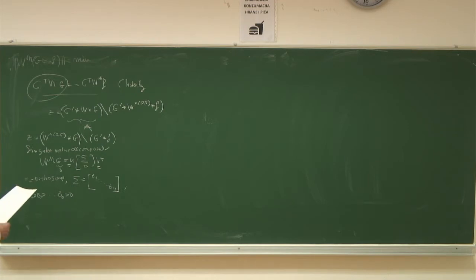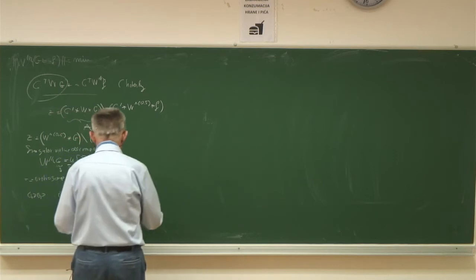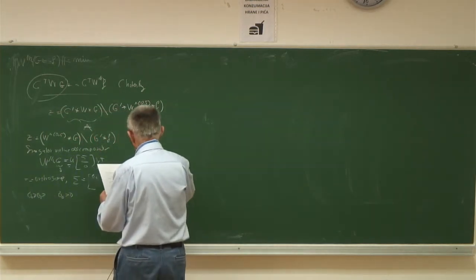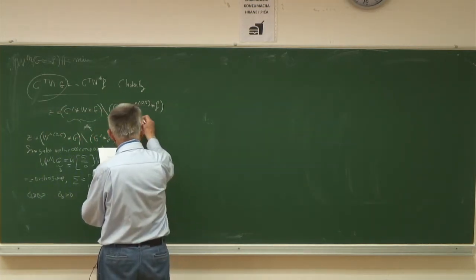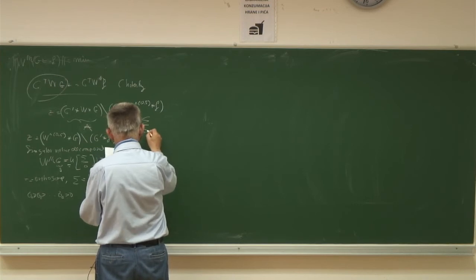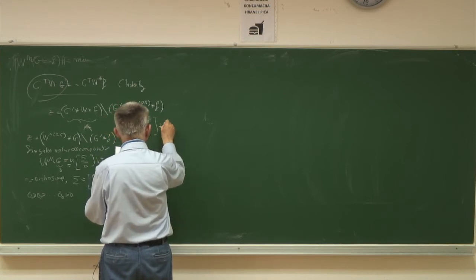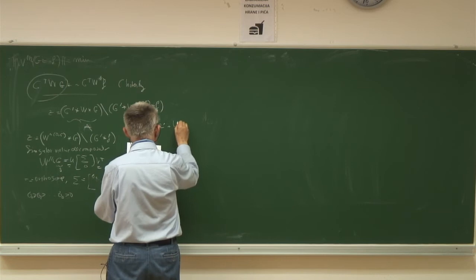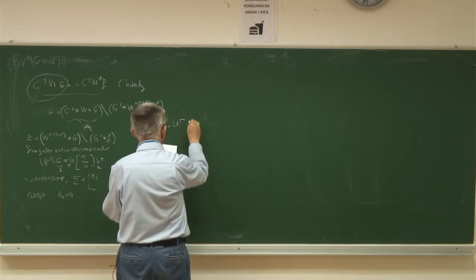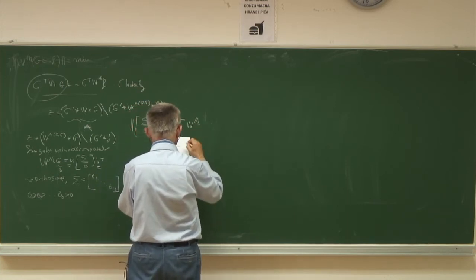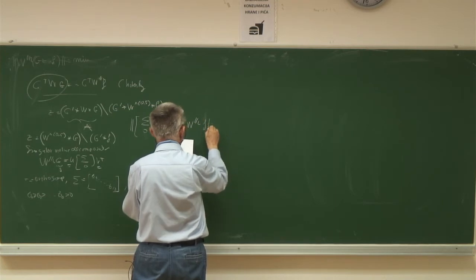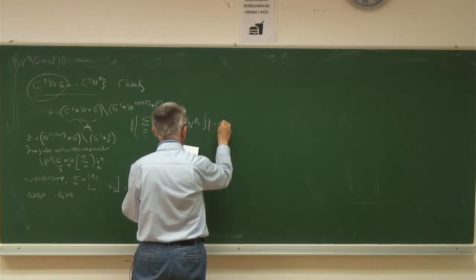So now we have sigma 0 z prime plus U^T W^(1/2) f is equal to minimum.